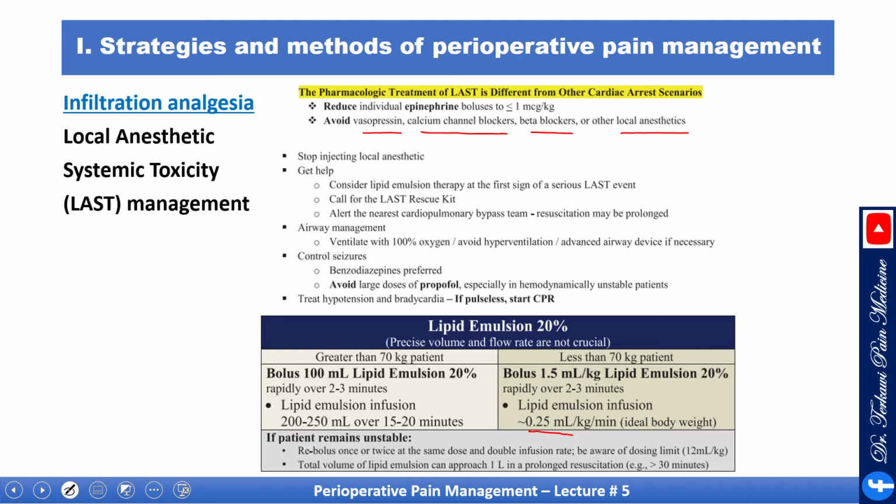Now, if you don't remember that, just take a bag and finish it as soon as possible. So the bag usually is 100 ml, and if you have a 70 kilogram patient, you can finish that bag quickly while you remind yourself of the dose.